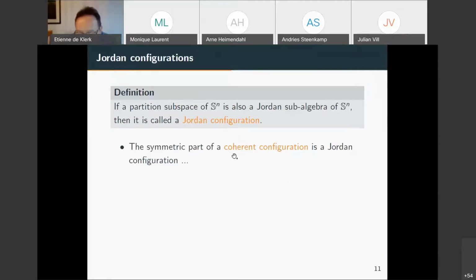And basically what the Weisfeiler-Lehmann algorithm does is, if you have a non-symmetric type of partition, then it will find for you the smallest dimensional coherent configuration that contains it. If we focus on symmetric parts of coherent configurations, then we are in fact dealing with Jordan configurations, but it's not clear if the converse is true.